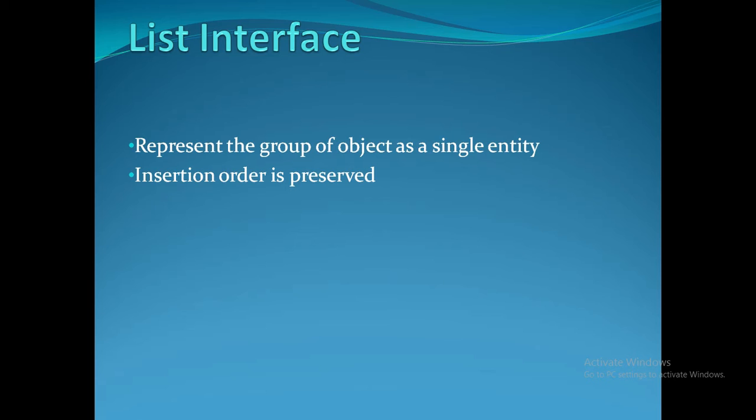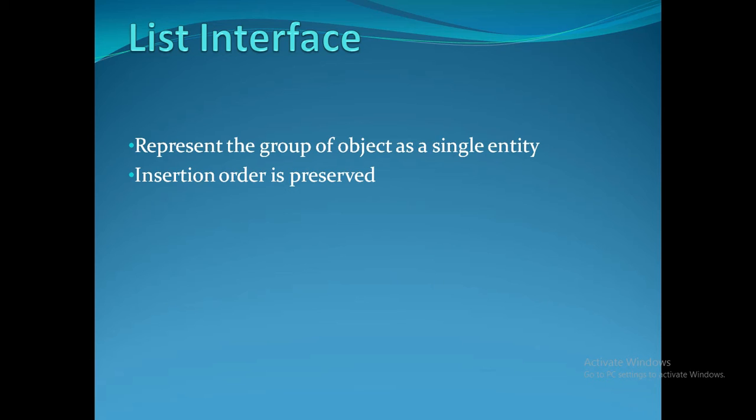But what if we want to preserve the insertion order? What is meant by preserving the insertion order? The order in which we are inserting the elements into the collection, in the same order we will get them. Suppose I have a collection C1 and I am adding the element C1 first, then C2 second, C3, C4, C5. I have added these five.